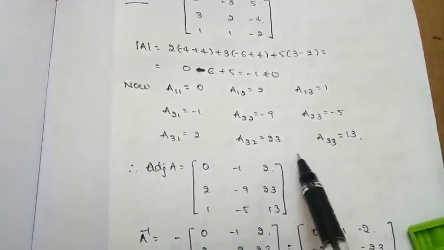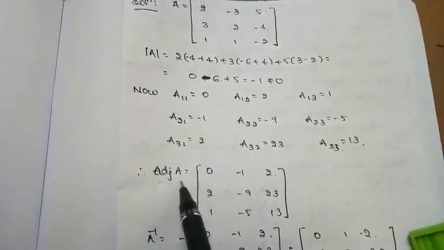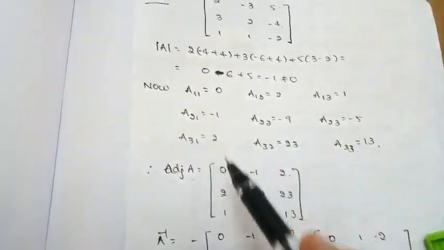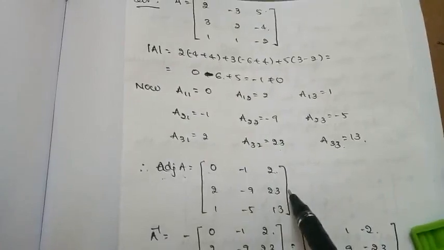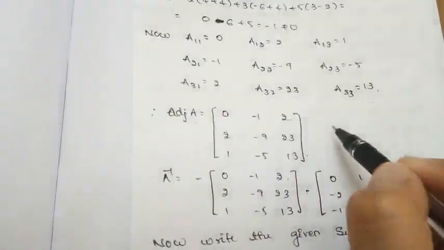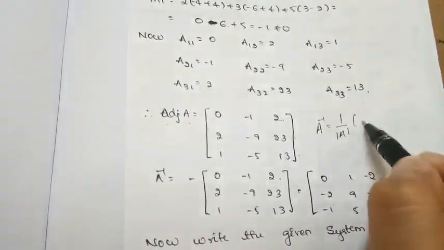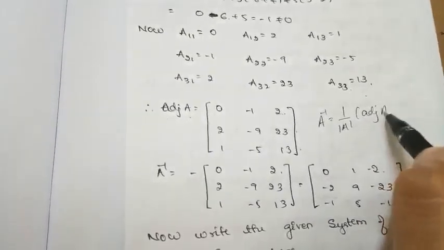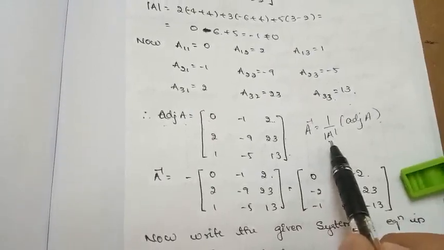After getting the cofactors I have got the adjoint of A, that is 0, -1, 2 as the first row, 2, -9, 23 as the second row, and 1, -5, 13 as the third row. So we got the adjoint A. What is the formula to find the A inverse? That is 1 by the determinant value of A into adjoint A. What is the value of determinant A?